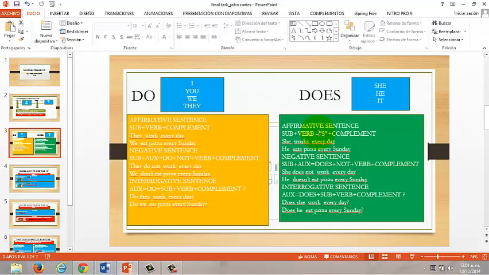Usually, most of the time we have to add s, but there are some rules. I'm going to explain these rules later, because sometimes we have to add es.